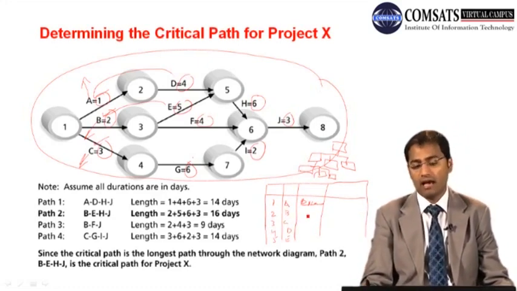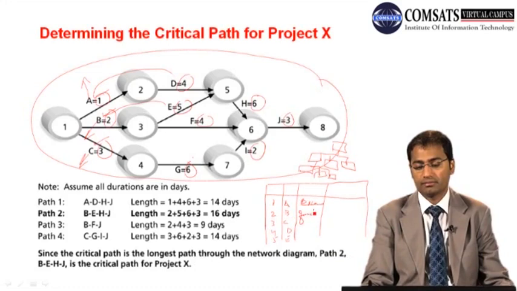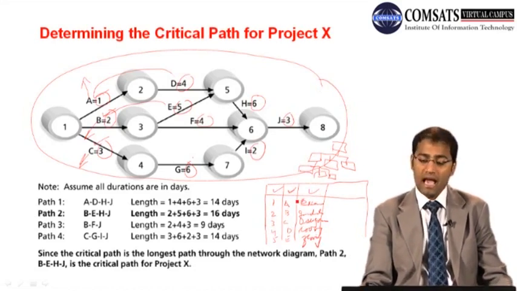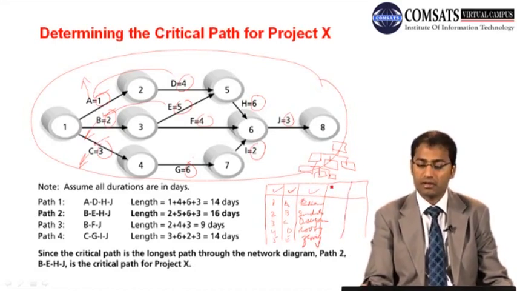And then B is foundations, and C is superstructure, and then D is roofing, and then E is flooring. Let's say very, very broad. So we have identifiers, serial numbers, and descriptions of the activities. And then there are relationships.